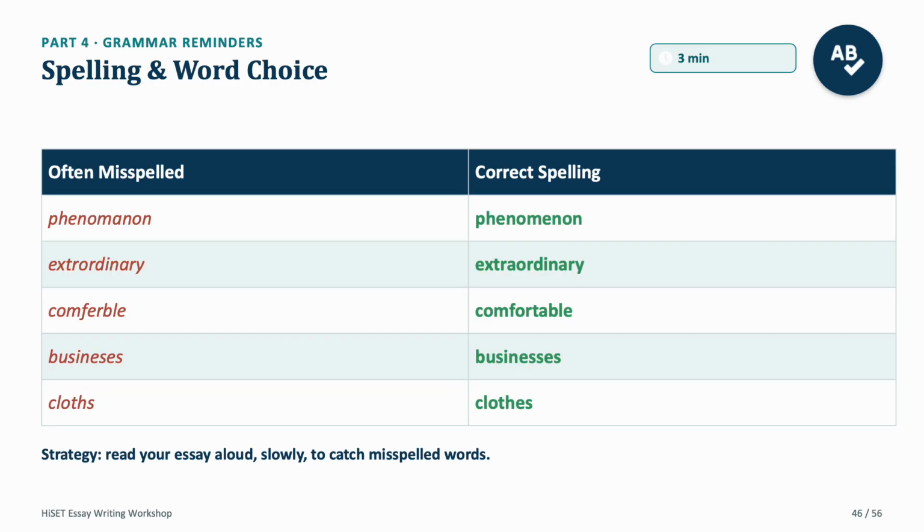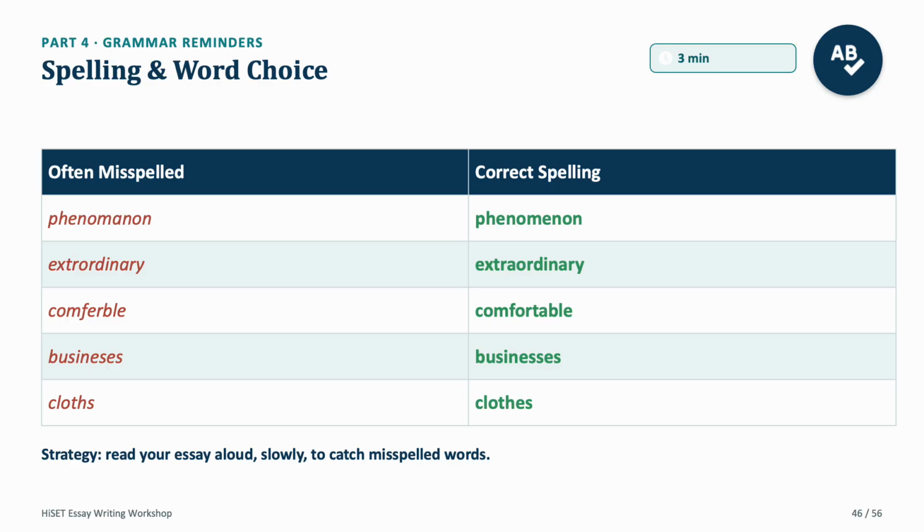Finally, check your spelling and word choice. Here are some words that writers sometimes misspell. Phenomenon. Look at how it's often misspelled and what the correct spelling is. Extraordinary. Okay? Extraordinary. And if you break it into two parts, it's almost like extra and ordinary, and then put them together for one word. Comfortable.